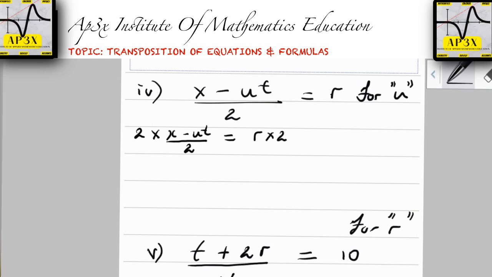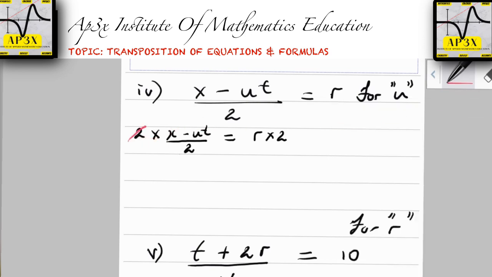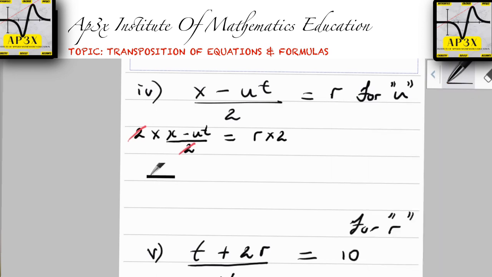So this easily now allows me to cancel this 2 with this 2, so I'm therefore left with X take away UT equals 2R, or R2. Again, now I'm looking for U, so I'm keeping my eyes on the prize.